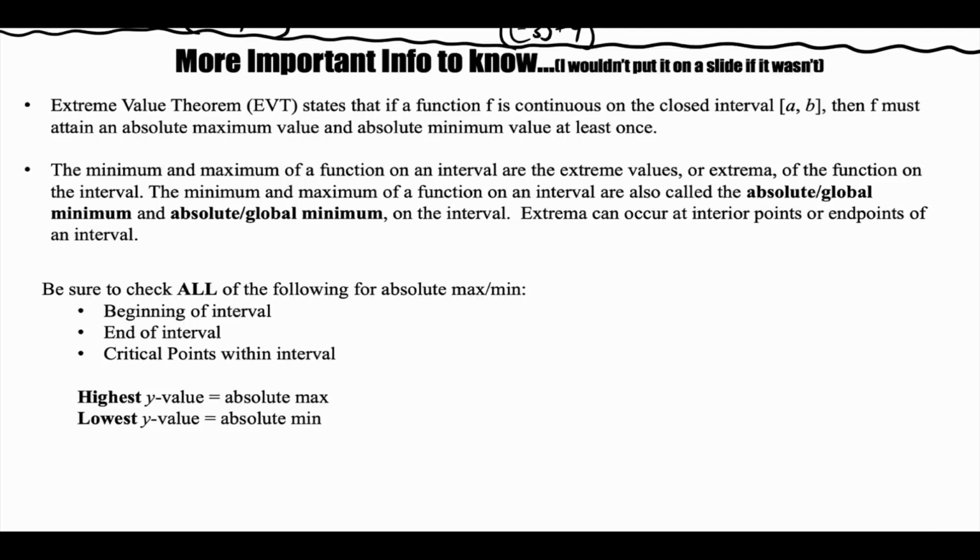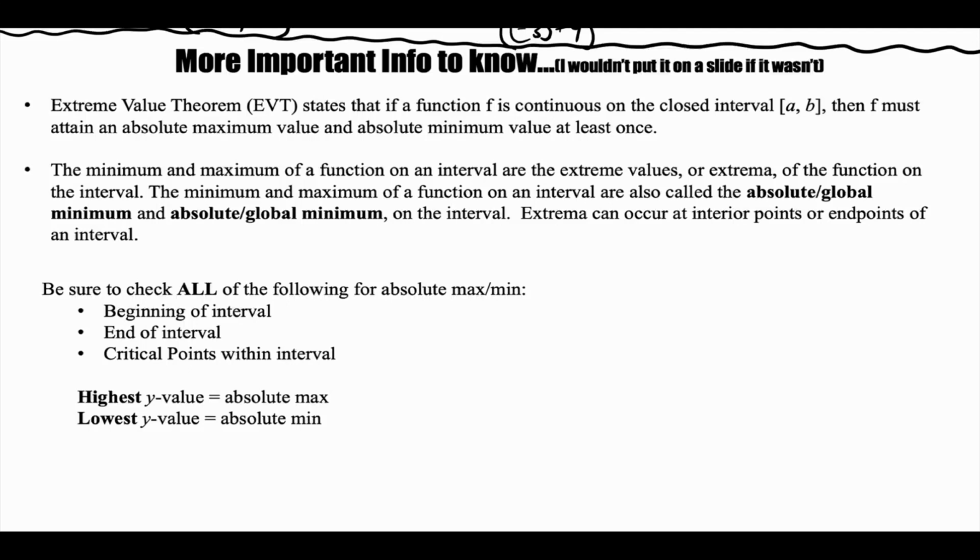Okay? So the minimum and maximum of a function are extreme values, or extrema, of the function on the interval. The overall minimum and maximum are called absolute. Sometimes they're called global, but most of the time you'll hear them called absolute maximum and absolute minimum.